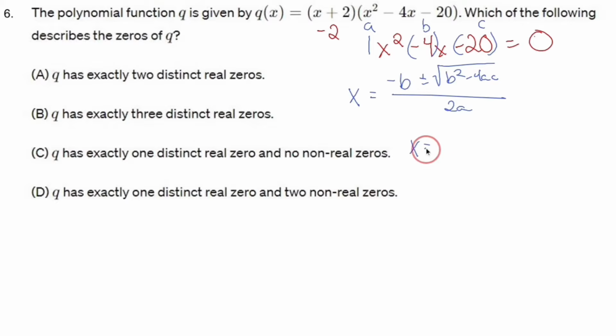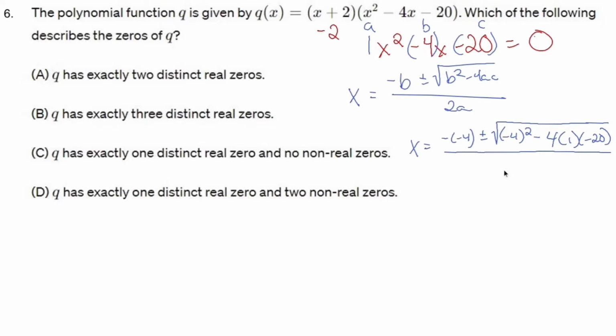So x equals -4, because b is -4, plus or minus a big square root of b squared, so in parentheses -4 squared, minus 4 times invisible 1 times -20, all over 2a, 2 times 1.